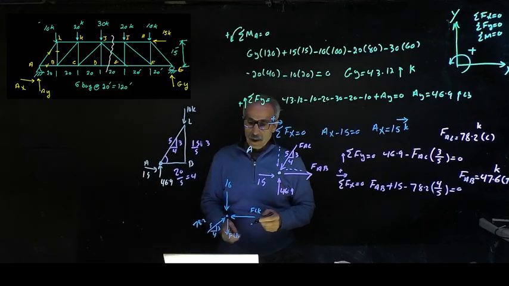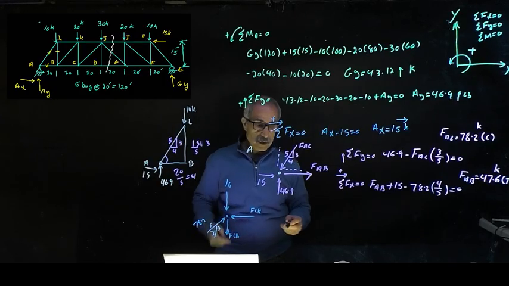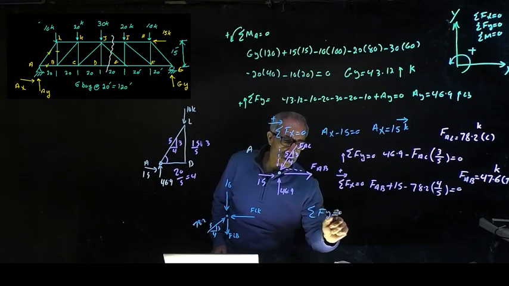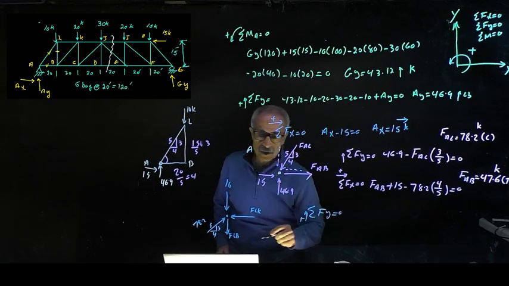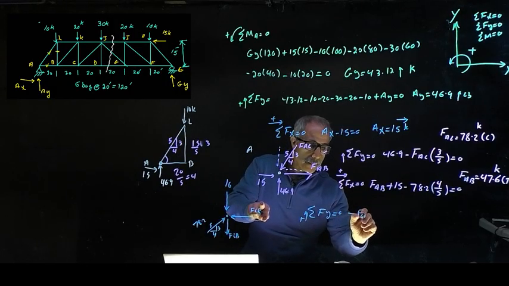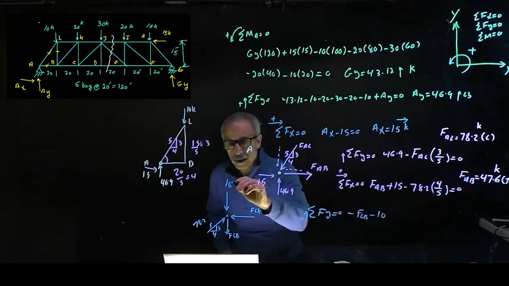Let's figure it out. So if I do summation F of y, this is known, this is known, this is unknown, so we can do summation of y. That's all we need to do. Summation F of y is equal to 0. Going up is positive. I have minus FLB, minus 10. This is a 10, not 16.